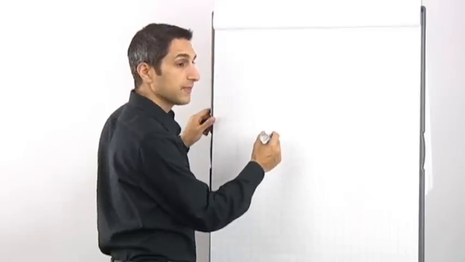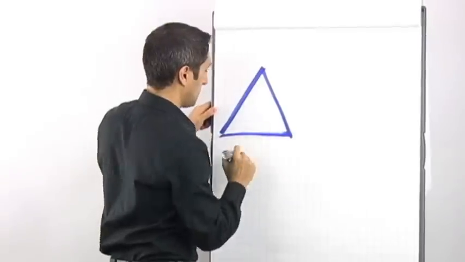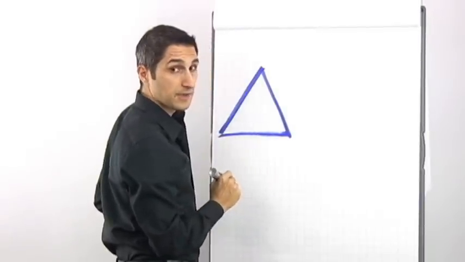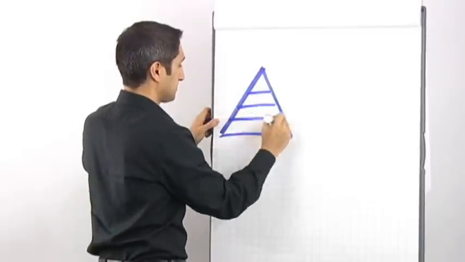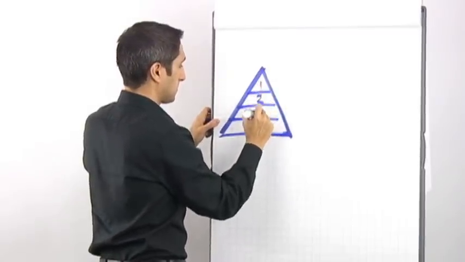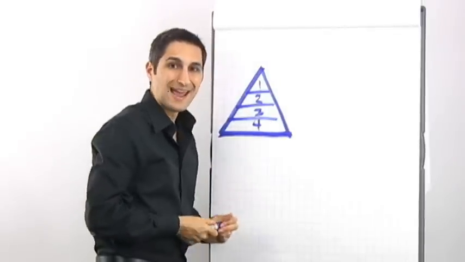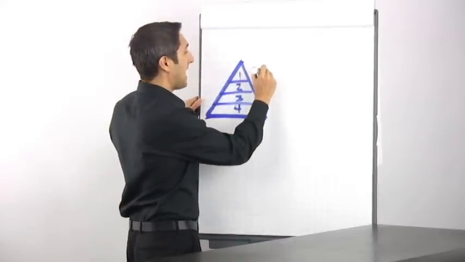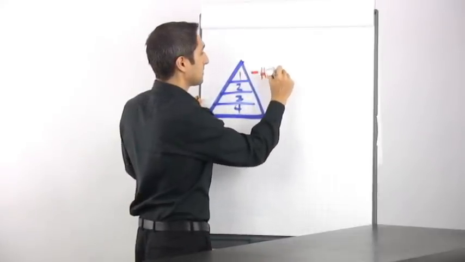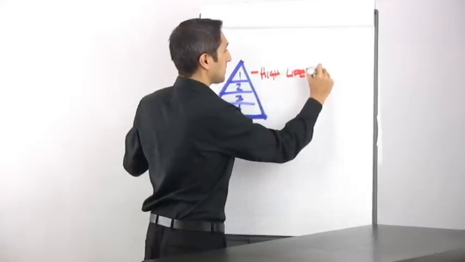So first, let's start with drawing a pyramid. Next, what we're going to do is we're going to draw 4 levels to our pyramid. Starting with level 1 at the top. We're going to label the top level of the pyramid high lifetime value.